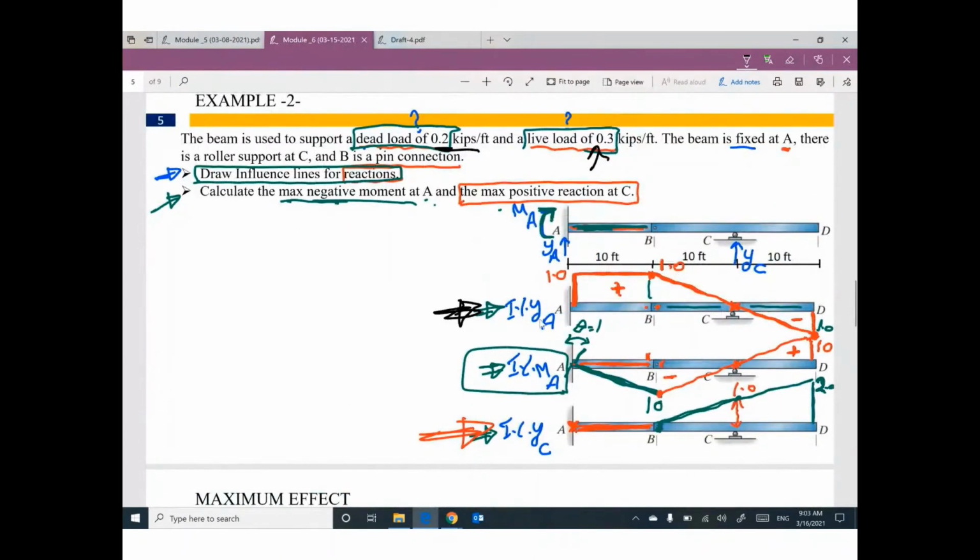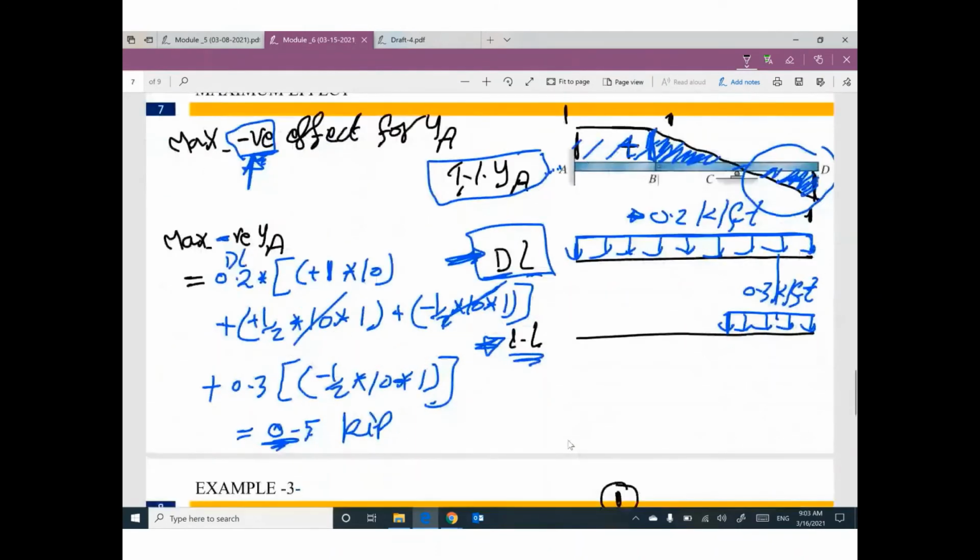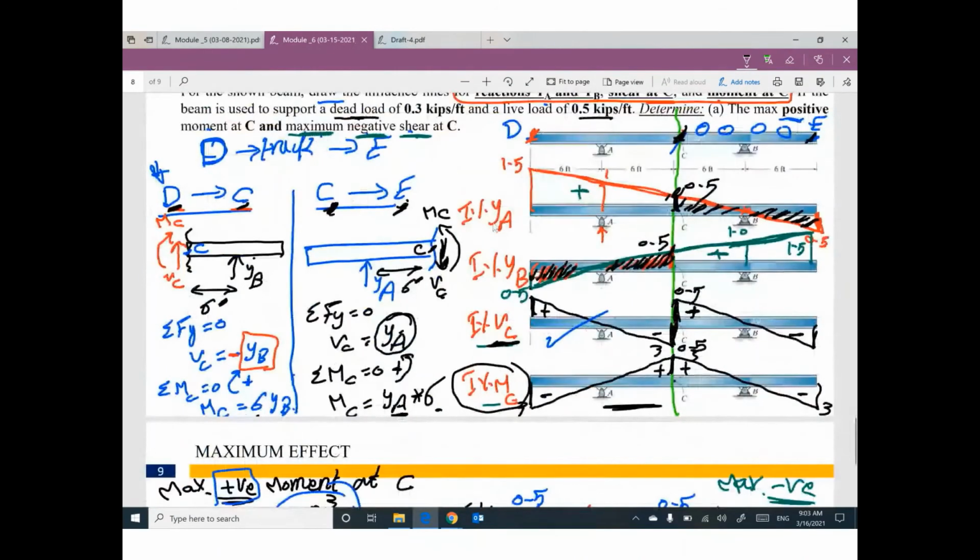Train yourself to sketch the influence line for reactions. Without influence lines of reactions, you cannot complete this kind of problem. For this example, we started first with reaction YA and reaction YB.